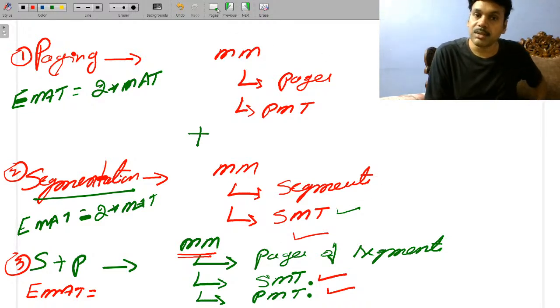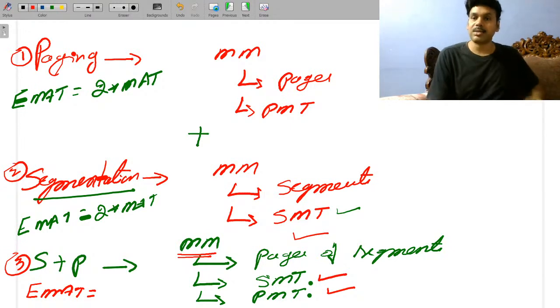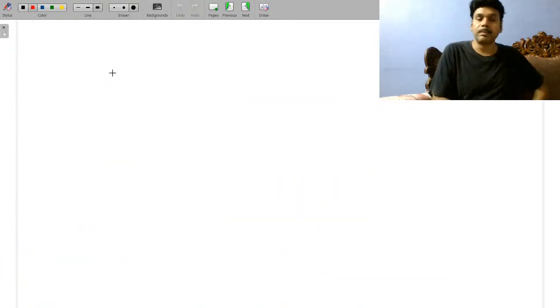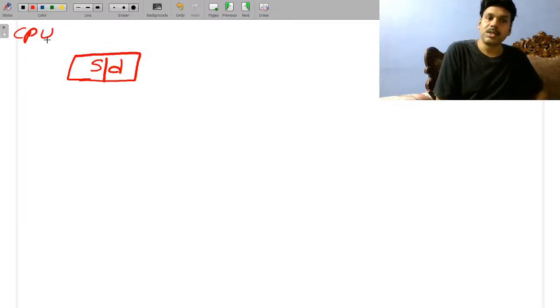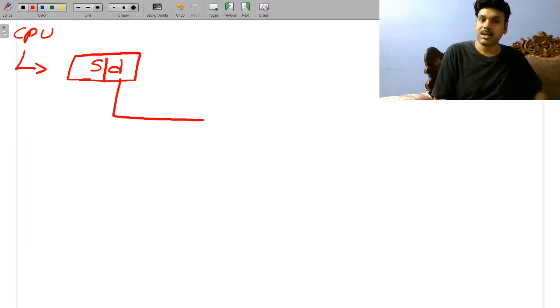So far, what I did is this: I take the segment S and D. This is the logical address generated by the CPU. On this D I am doing a paging activity.